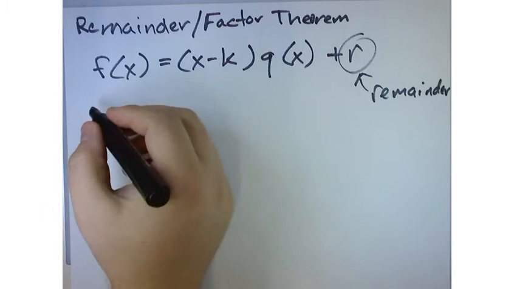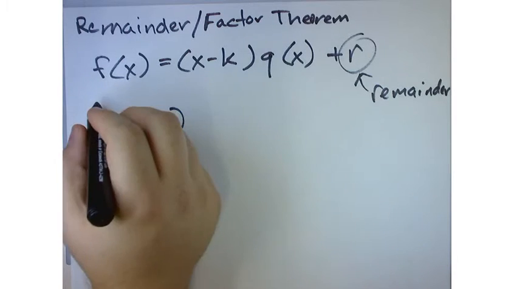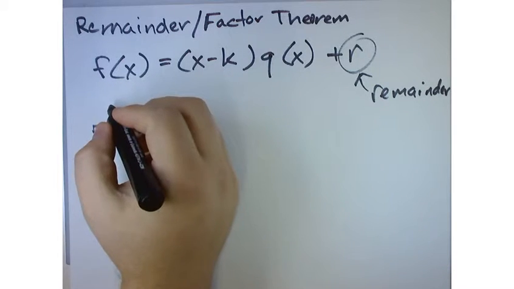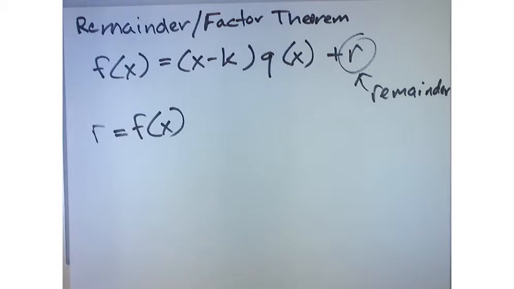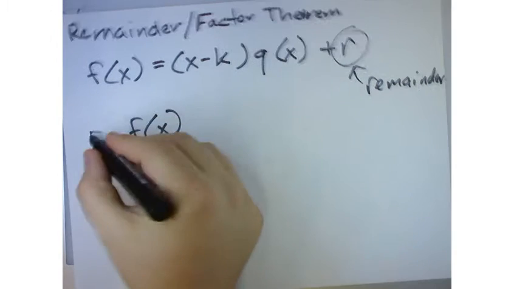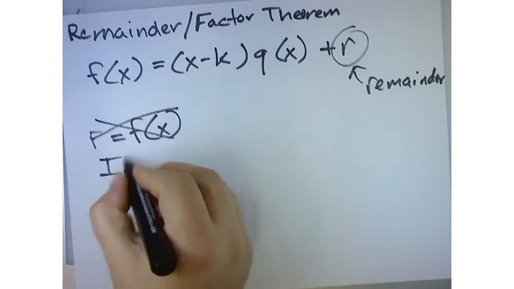So let me write this out. So if the polynomial f of x... I'm trying to think of a less formal way to say it. I'll just write it out formally and then I'll let you process it.